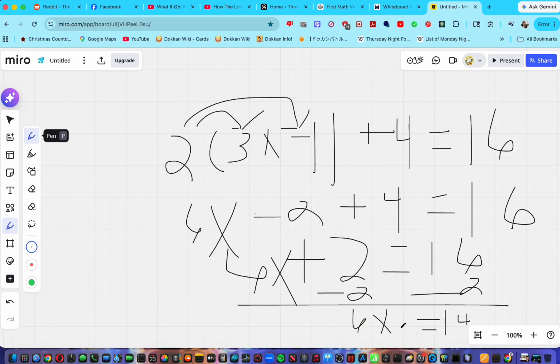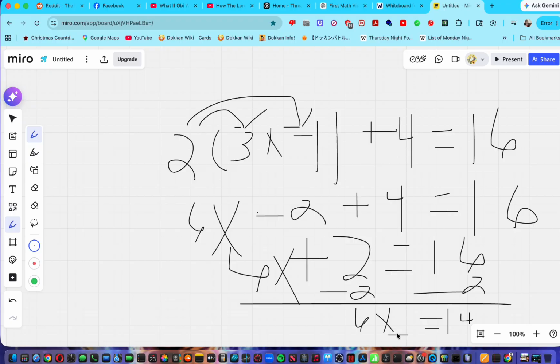And then the final step is to divide it by 6. So obviously we have 14 over 6, which is really 7 over 3. So that's what the final answer is: 7 over 3.